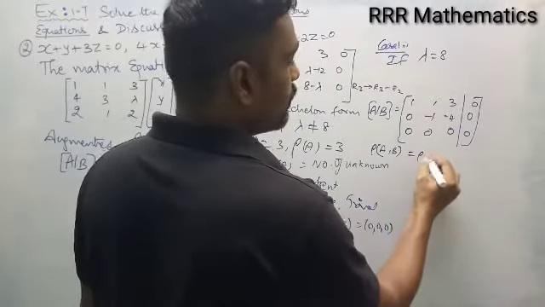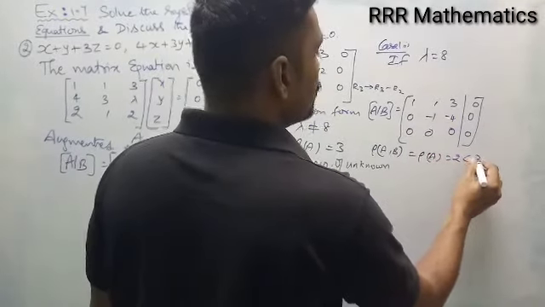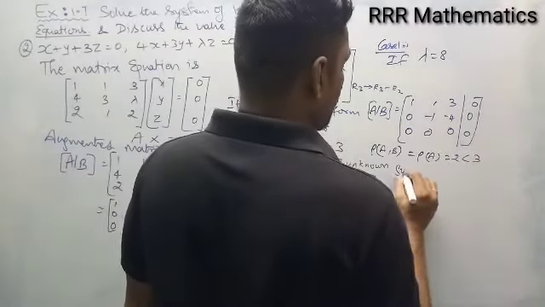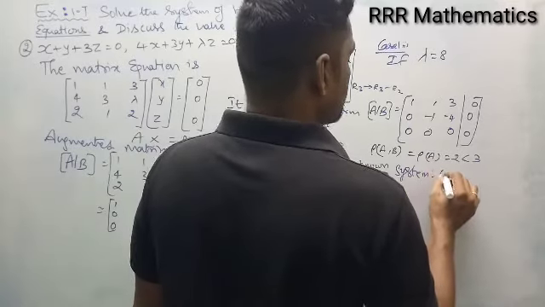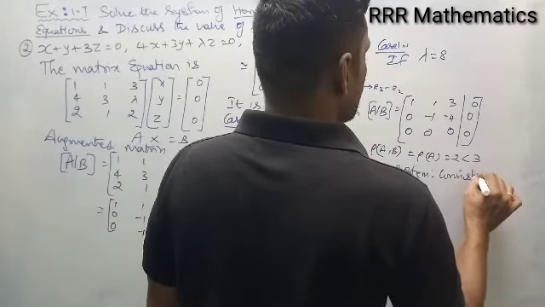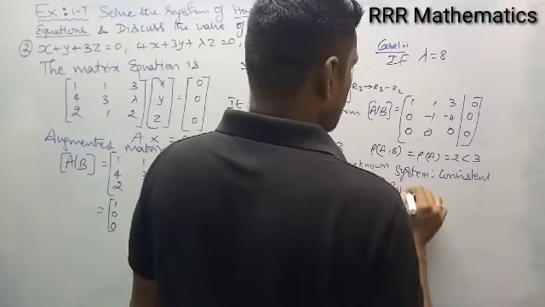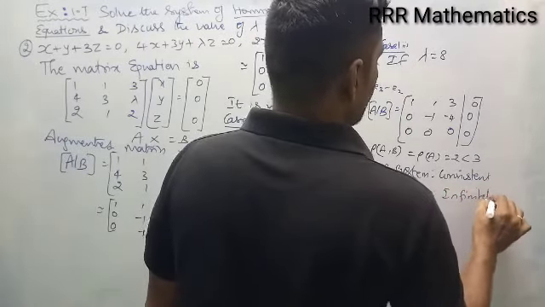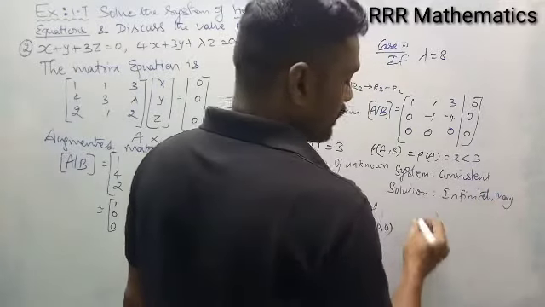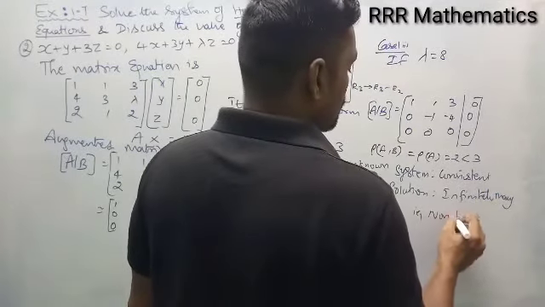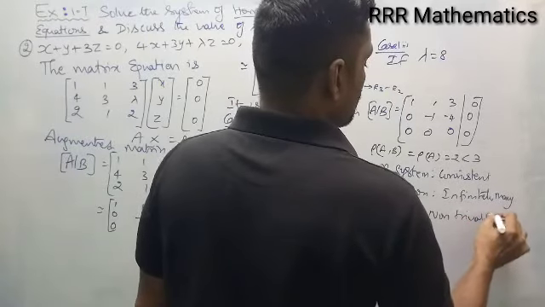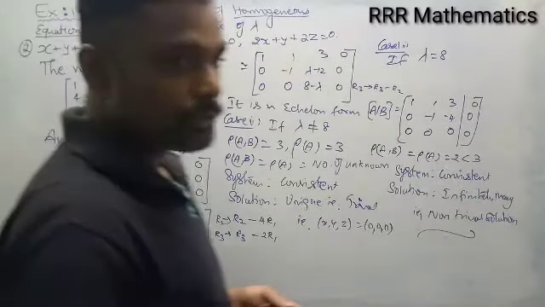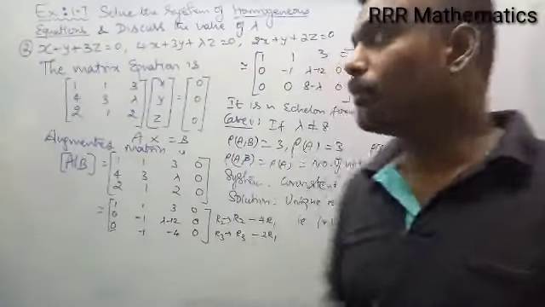That is, the rank of A comma B equals the rank of A, which equals 2, which is less than 3, the number of variables. Therefore the system is consistent, and the solution will be infinitely many, that is, a non-trivial solution. Got it?